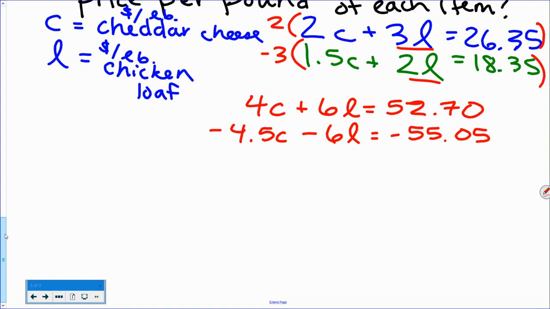Then I'll go ahead and add those equations vertically. On the left, I get -0.5C. My 6 L's here would eliminate or cancel. And then combine on the right, I'd have -2.35.